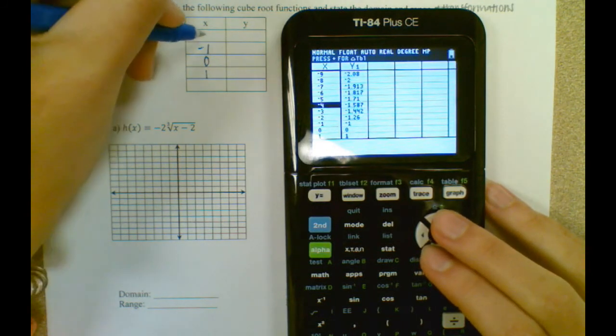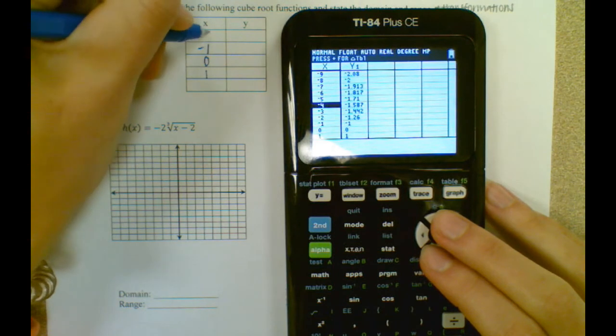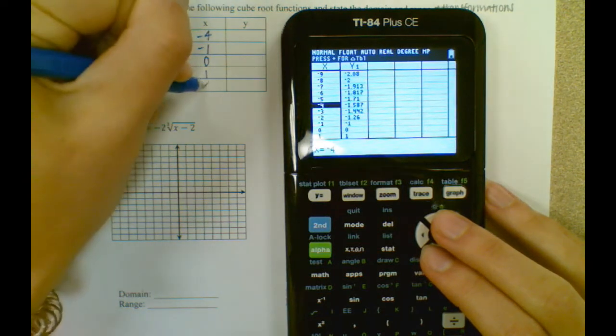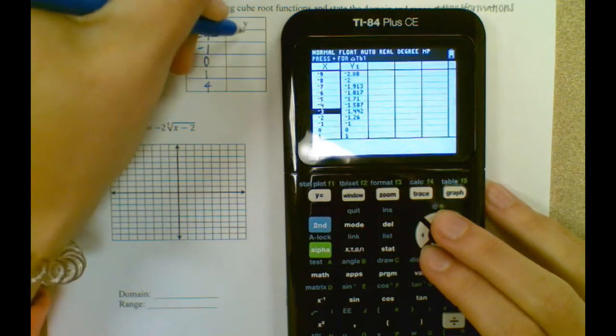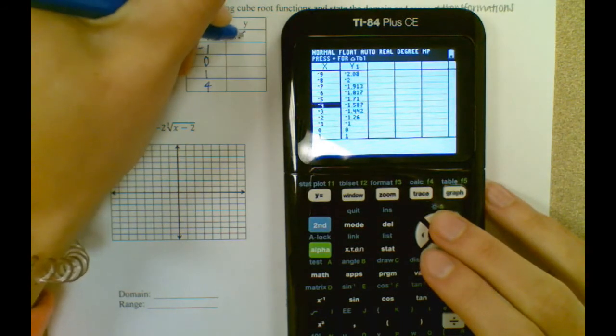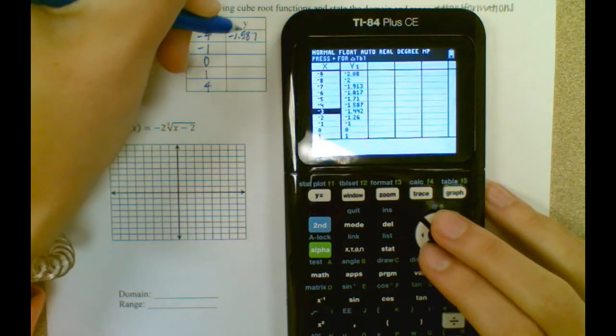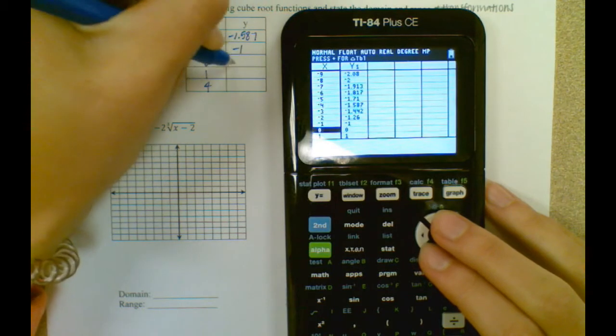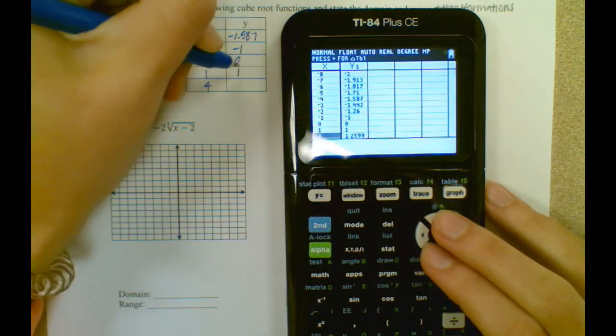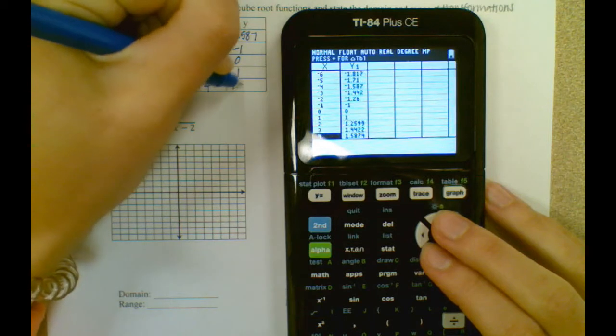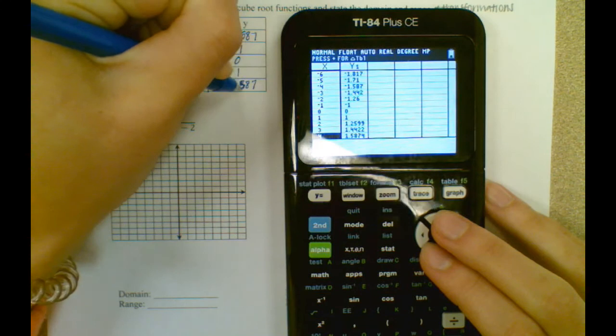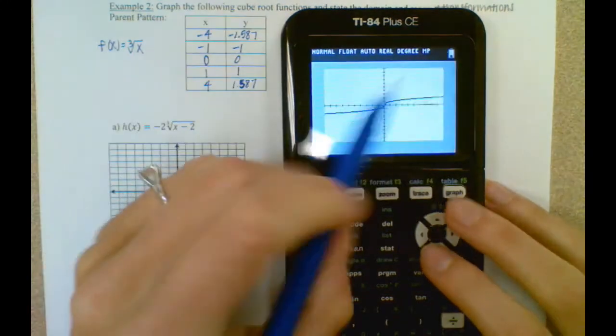Let's go ahead and use like -4 and 4 then. Okay, so -4, we got -1.587, -1, -1, 0, 0, 1, 1, 1.587. The reason why I didn't want to use the 2's is because they would be way too close right here.